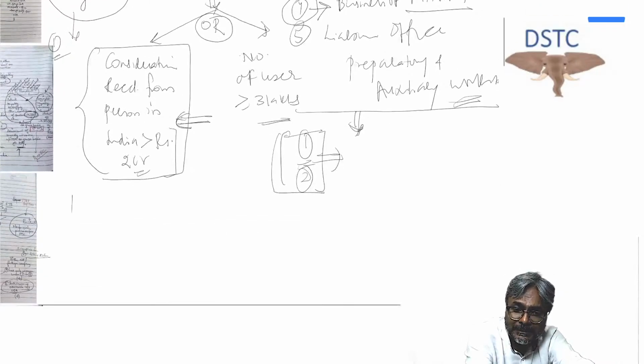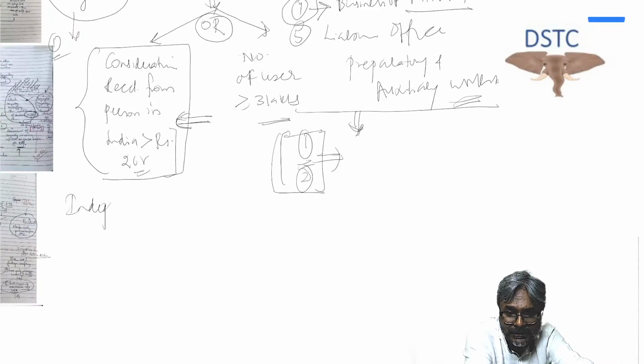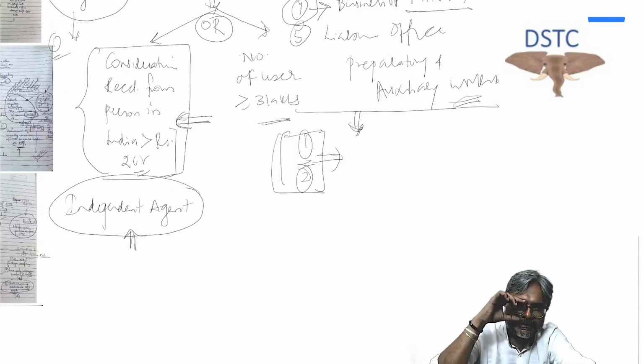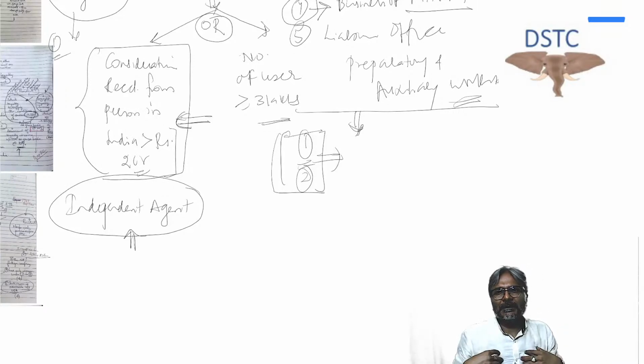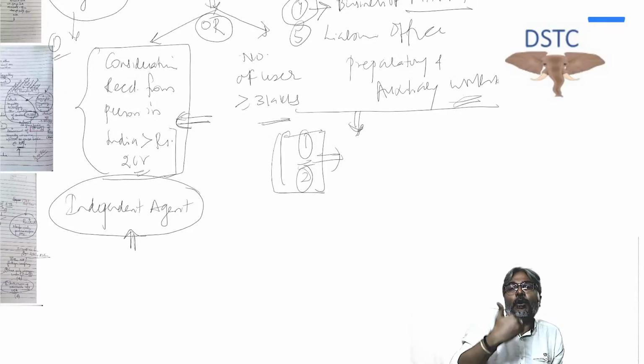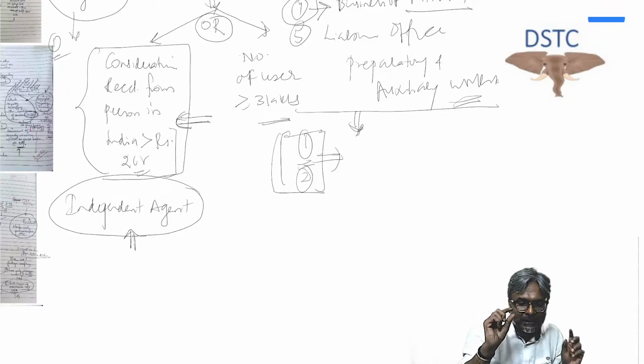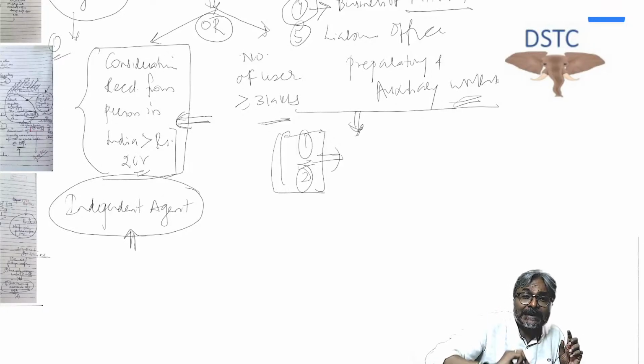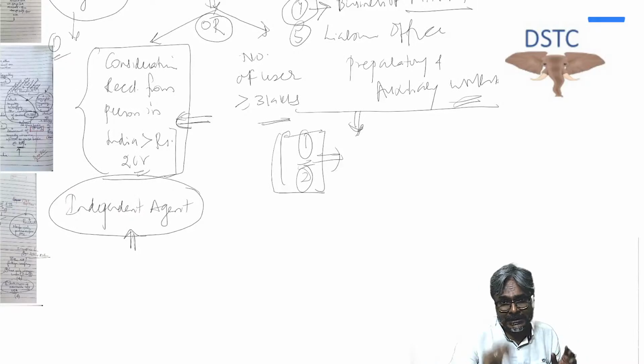But there is a concept of independent agent also, students. You all are aware. What is the concept of independent agent? So far as the concept of independent agent is concerned, it means that he is acting in the ordinary course of business. What is the word that has been used? He is acting in the ordinary course of business.